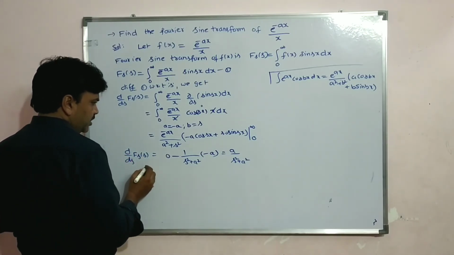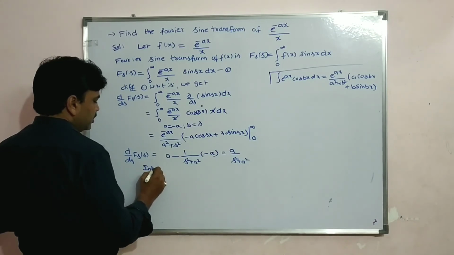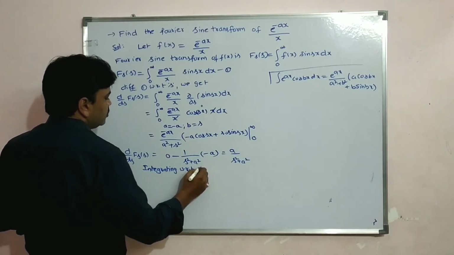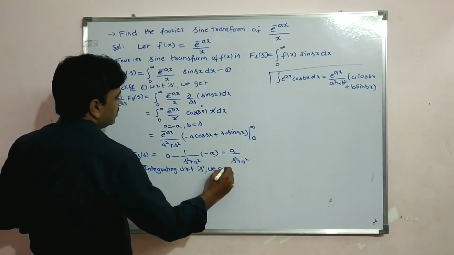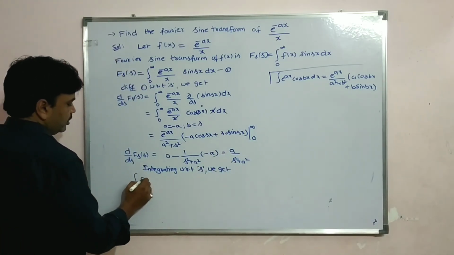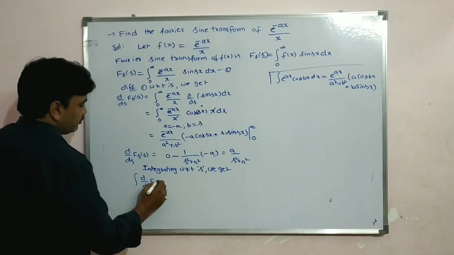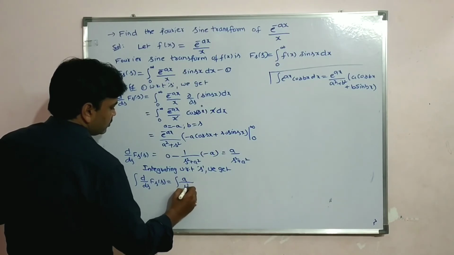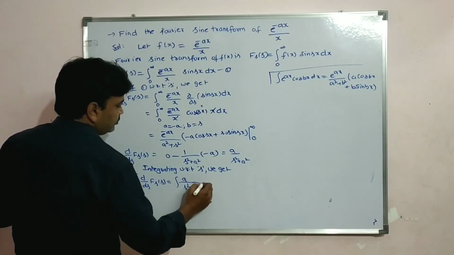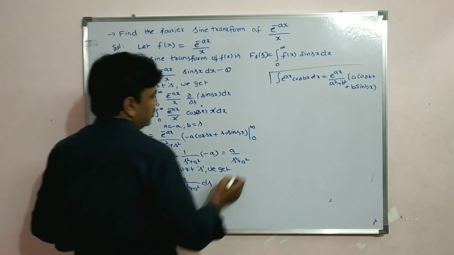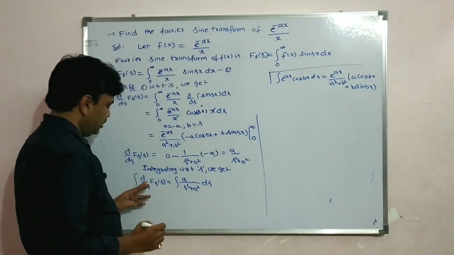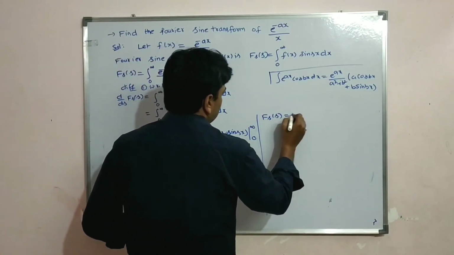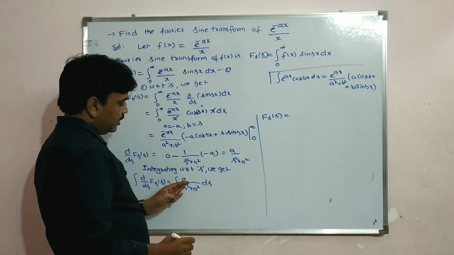So integrating with respect to s, we get the integral of d by ds of Fs of s equal to the integral of a by s square plus a square ds. The integration and derivative cancel, so we get Fs of s equal to the integral of a by s square plus a square.